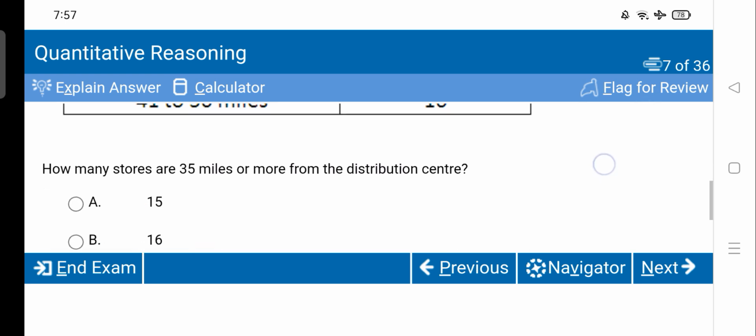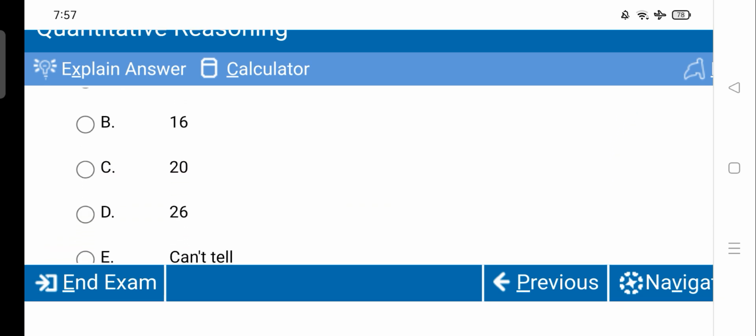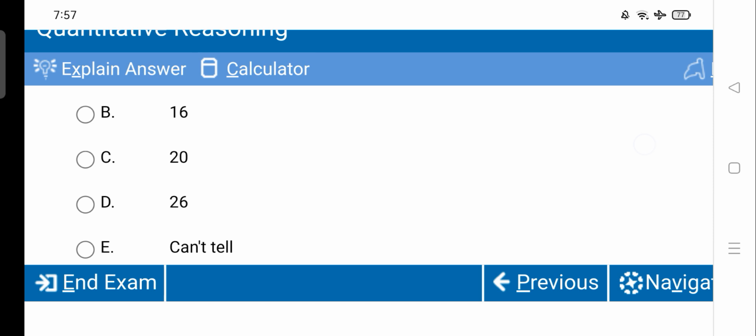How many stores are 35 miles or more from the distribution center? Option A, 15. Option B, 16. Option C, 20. Option D, 26. Option E, can't tell.